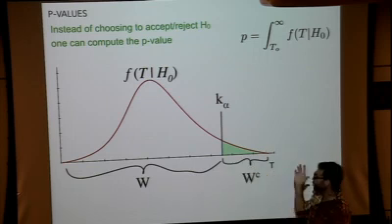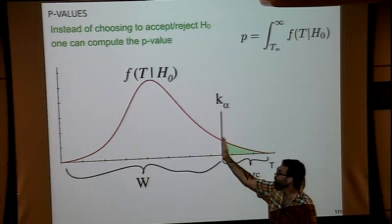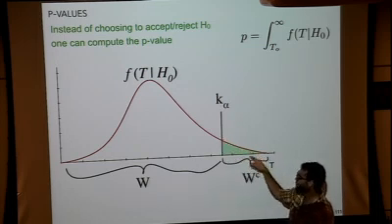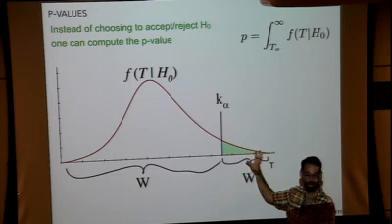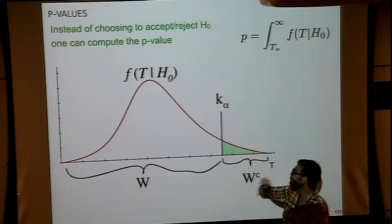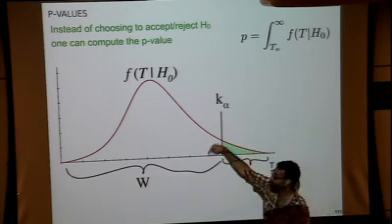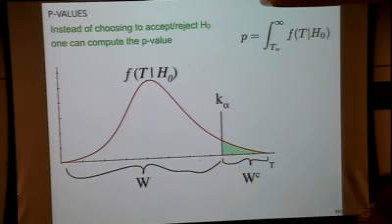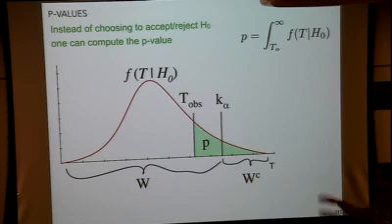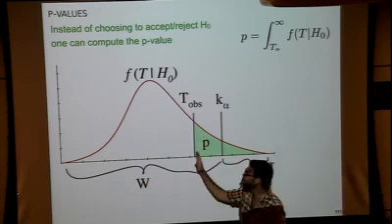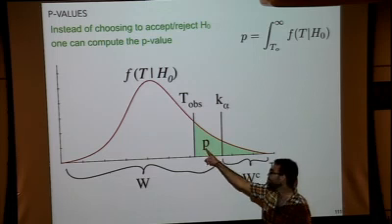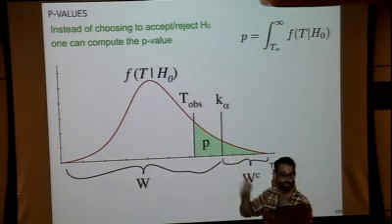And then I can still do the same thing where I find some critical value where the tail probability here is whatever my 5 sigma requirement is. And if my data falls in here, I claim a discovery. And if it falls over here, I don't claim a discovery, right? Or equivalently, I get an observed value of this t, and I do the tail integral, and I get a p-value. And if this p-value is smaller than some threshold, I claim discovery.